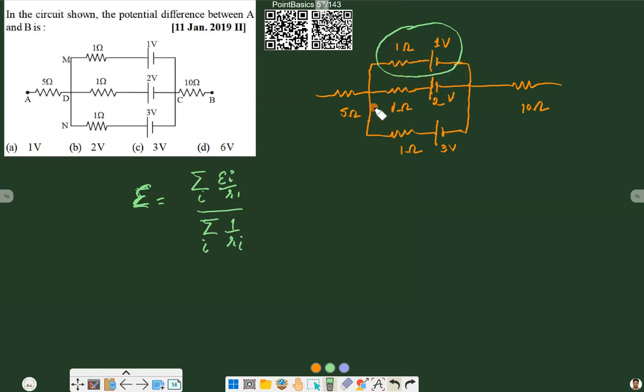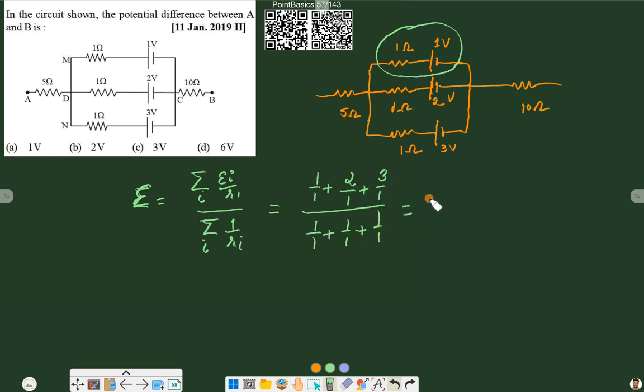Here we have 3 batteries and their respective 3 resistances. So EMF will be 1 by 1 plus 2 by 1 plus 3 by 1 divided by 1 by 1 plus 1 by 1 plus 1 by 1.